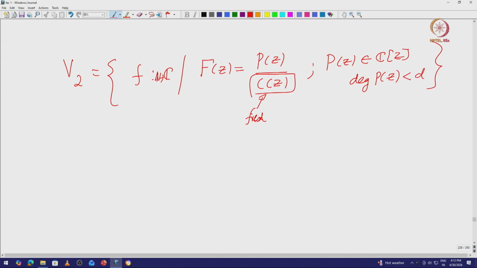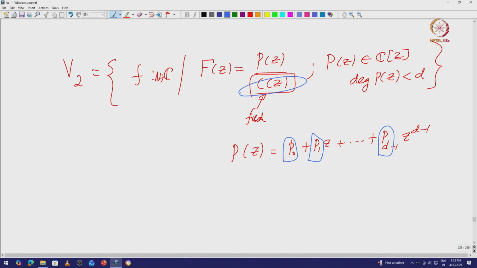So, the coefficients of p of z, p naught, p 1 z, etcetera, up to p d minus 1 z power d minus 1, are arbitrary, and these are the only freedom of choices that we have, because c of z is fixed.